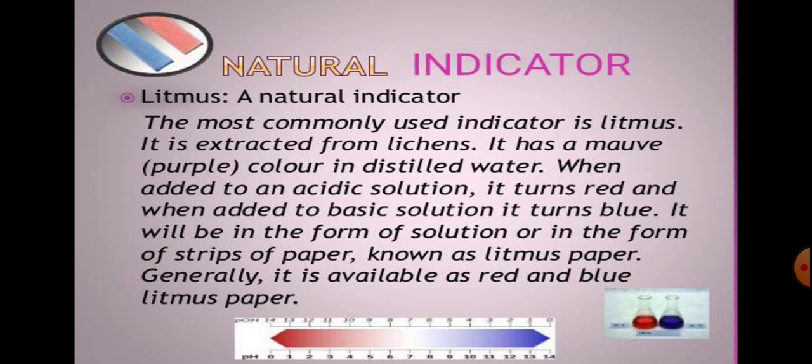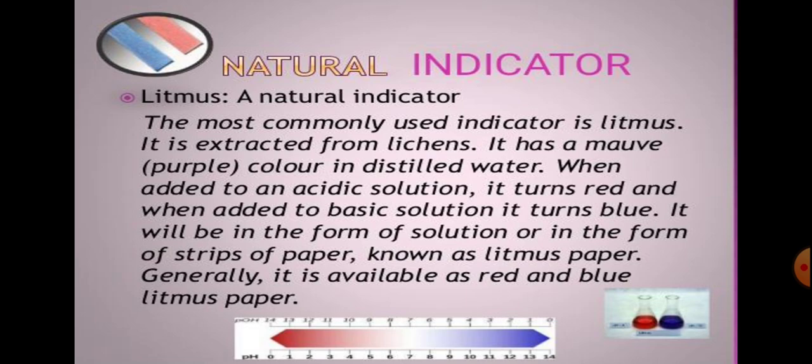It tells us whether the substance we are testing is acidic or basic in nature by the change in its color. Acid-base indicators are of two types: natural indicators and synthetic indicators.